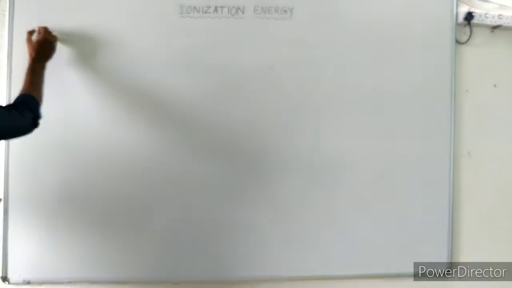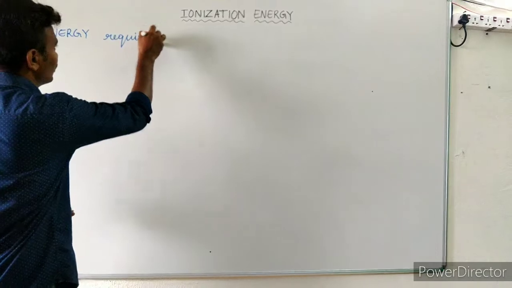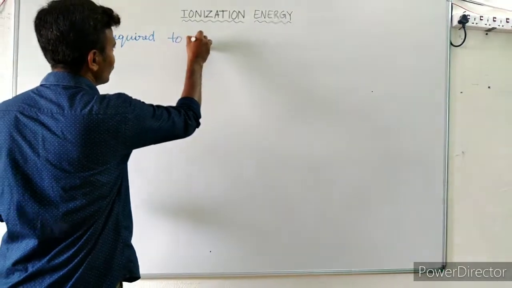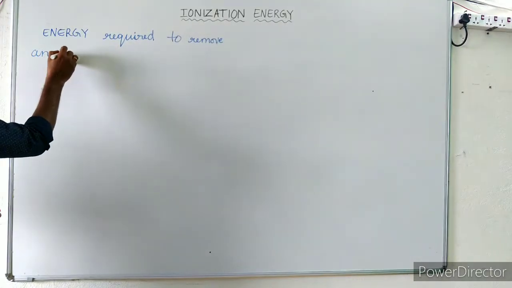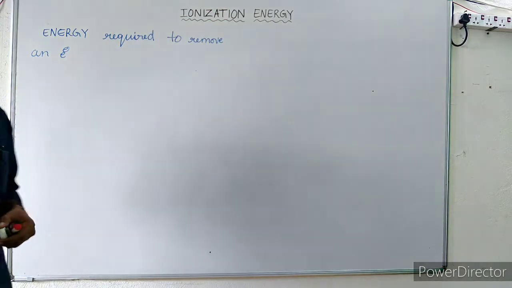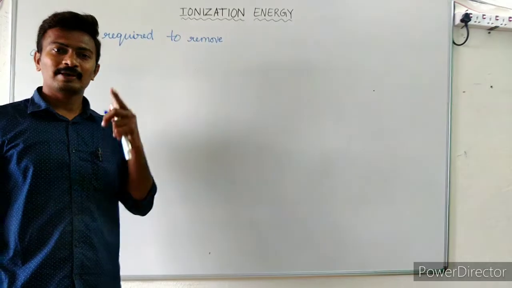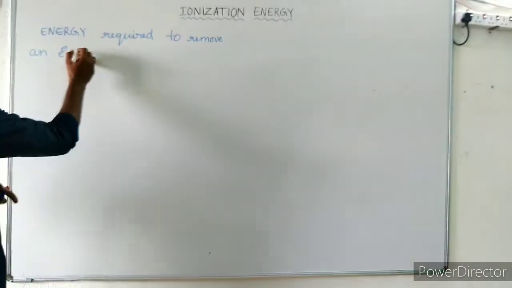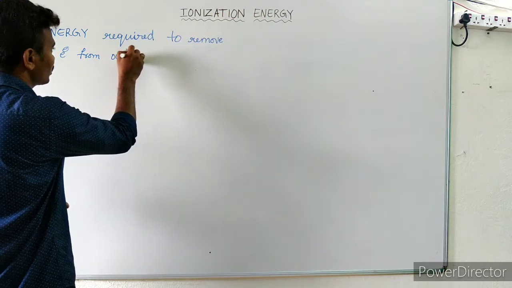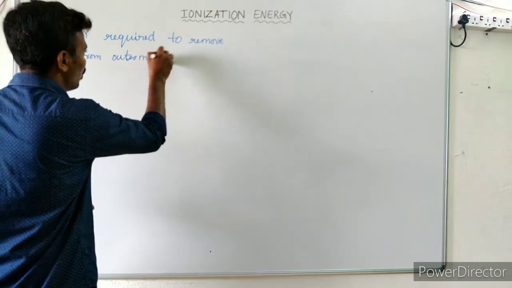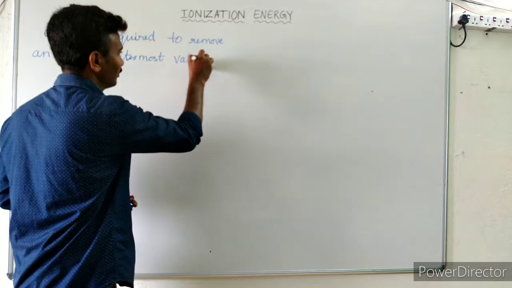What is it? The energy required to remove an electron, and where will this electron be removed from? From the outermost valence shell.